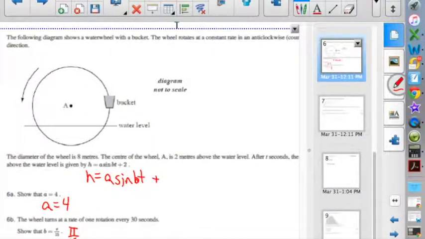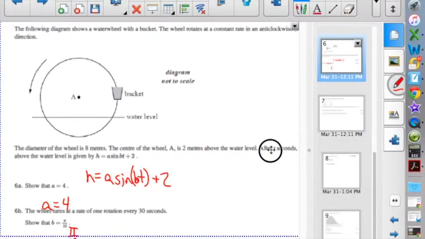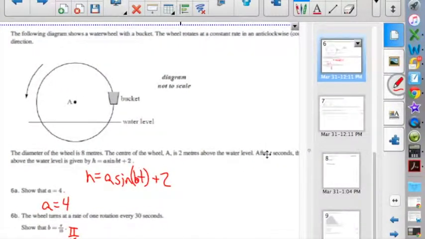The height above the water level is given by H equals. What does B stand for, the bucket? No, B is part of the trig equation, so that part you should be able to figure out with trig.